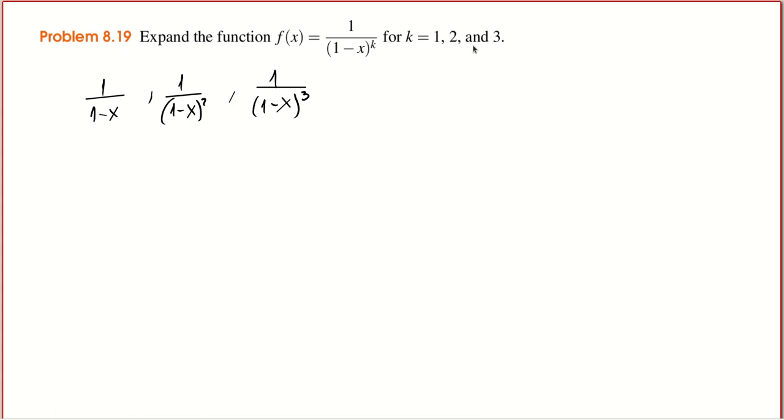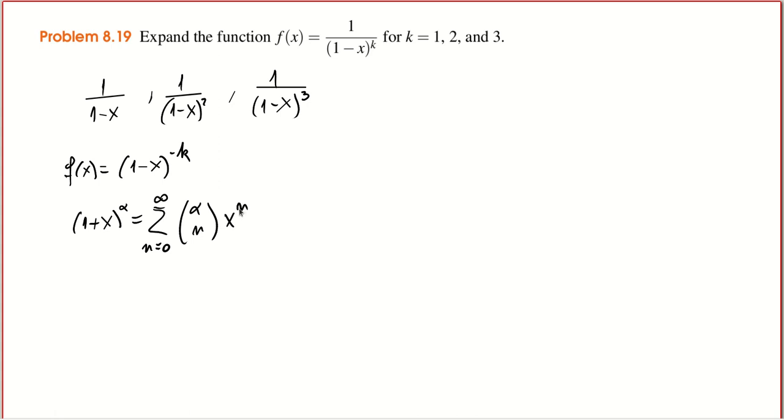So the first one is, well, we focus on this one, right? So f is equal to 1 minus x to the minus k. And this is the binomial series, remember? The binomial series has this form, and the expansion goes like this: sum of alpha over n, x to the n.